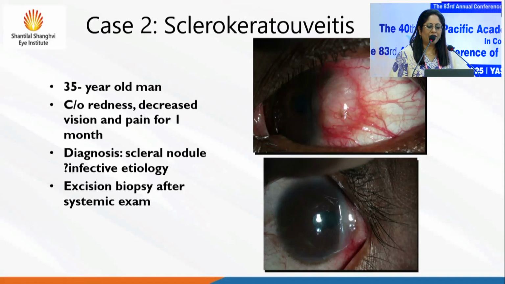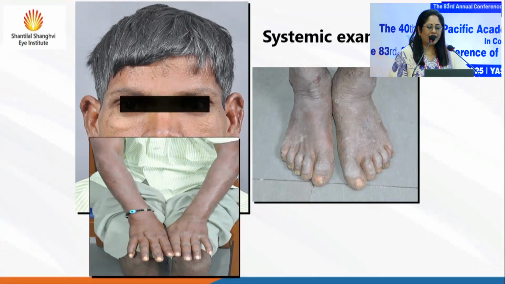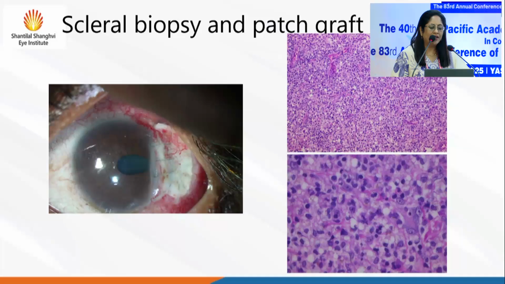And when we examined the patient systemically, we could see that he had a depressed nasal bridge, thickened ear pinna as well, and a very dry appearance. He also had some trophic ulcers. So we were dealing with a patient with Hansen's, and since we also had to repair the tissue because it was communicating with the anterior chamber, we planned for excision biopsy with a patch graft.